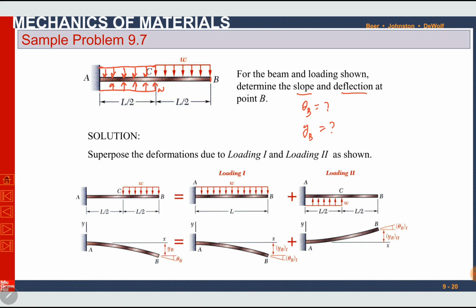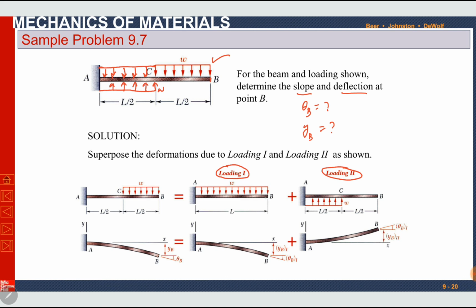We can split this loading into two types of loading, loading 1 and loading 2. Loading 1 is the same cantilever beam under a uniformly distributed downward load for length L. And loading 2 is the same beam under upward uniformly distributed load for length L by 2.